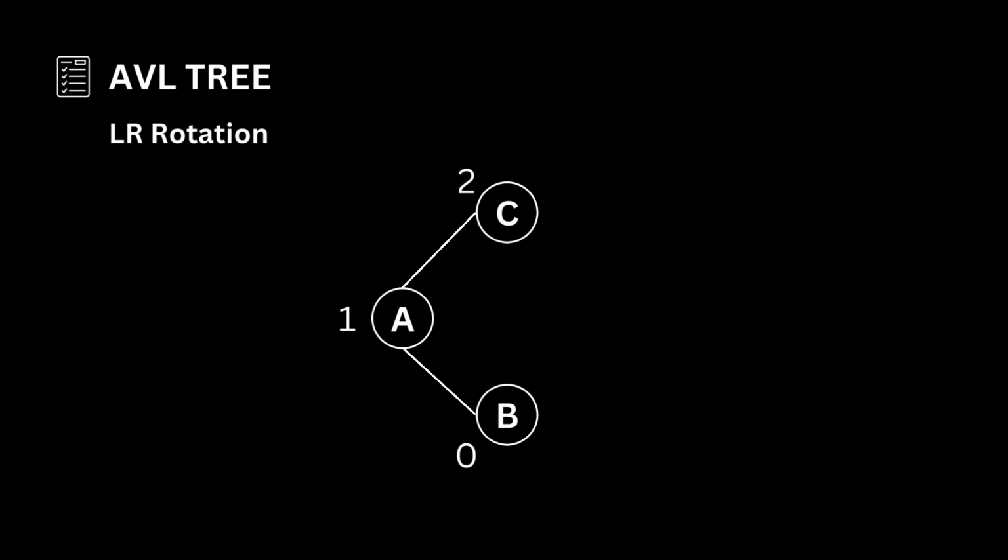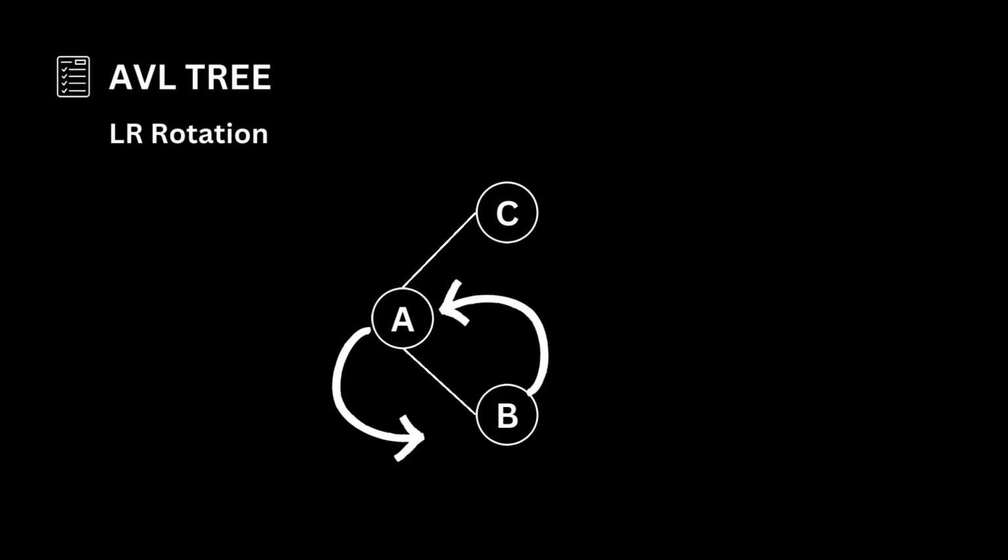Let us understand each and every step very clearly. A node B has been inserted into the right subtree of A, the left subtree of C, because of which C has become an unbalanced node having balance factor 2. This case is LR rotation, where the inserted node is in the right subtree of the left subtree of C. As LR rotation is equal to RR plus LL rotation, hence RR, that is anti-clockwise on the subtree rooted at A, is performed first.